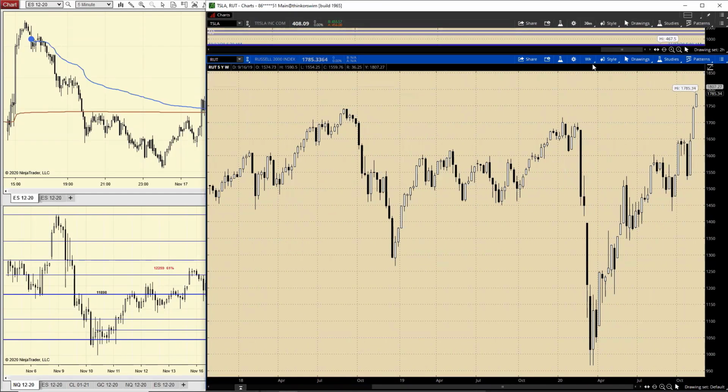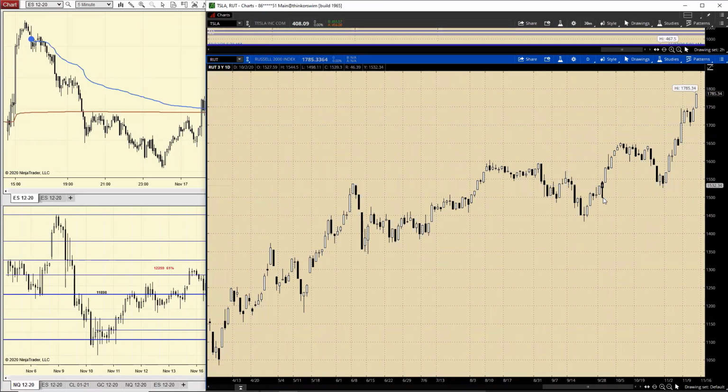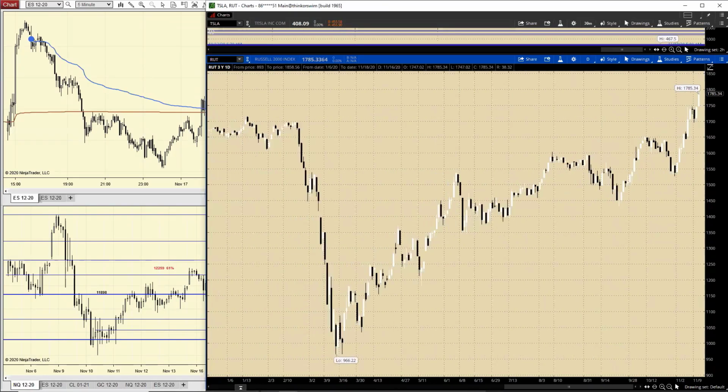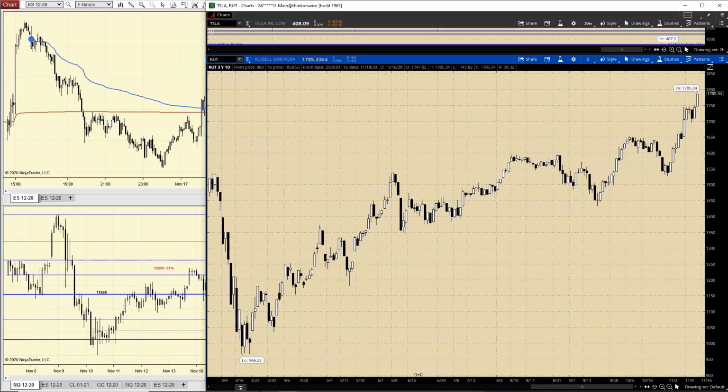Let's look at the daily to see if there's something that would. It's really outperforming everything. The only thing I look at is from here to here with an extension, but it's even beyond that.